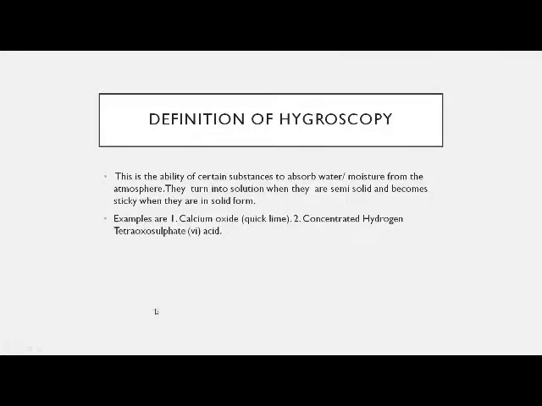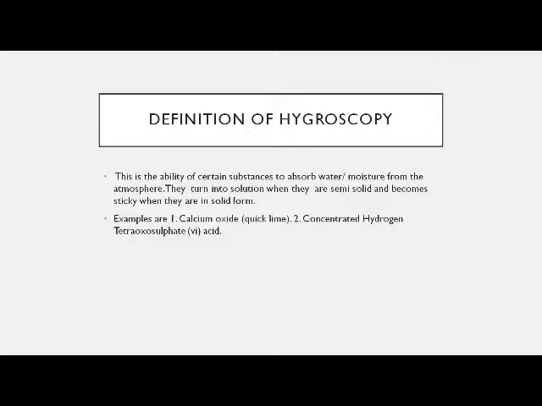Now, what is this term known as hygroscopy? Hygroscopy is similar to deliquescence, even though there are slight differences. This is the ability of certain substances to absorb water or moisture from the atmosphere. When they are solid, they become sticky, but when they are semi-solid, they become liquid.